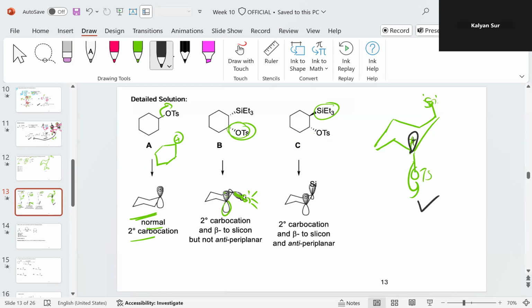All three compounds have secondary carbocations, but in compound C the carbocation is beta to silicon. That's the alpha and this is the beta. So beta to silicon and anti-periplanar.